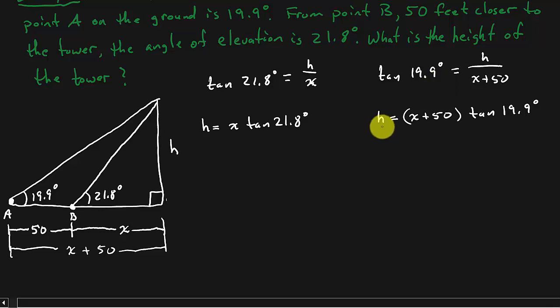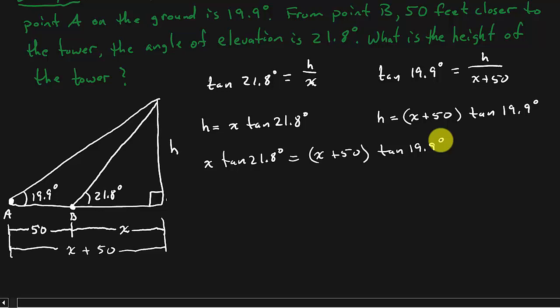Well, this H and this H, they're the same, right? So that means X times tangent 21.8 has to equal X plus 50 times tangent 19.9.